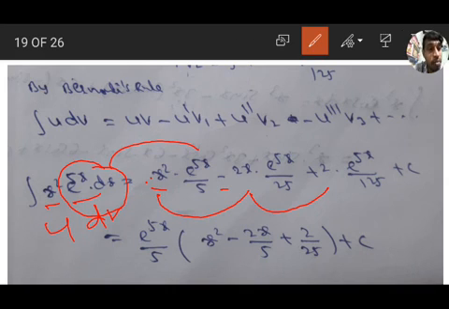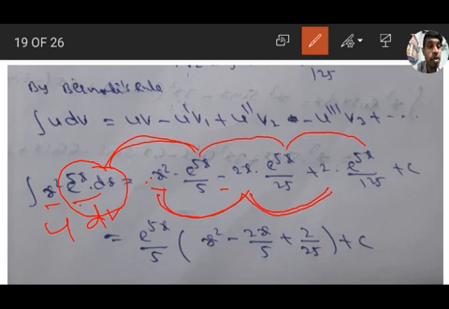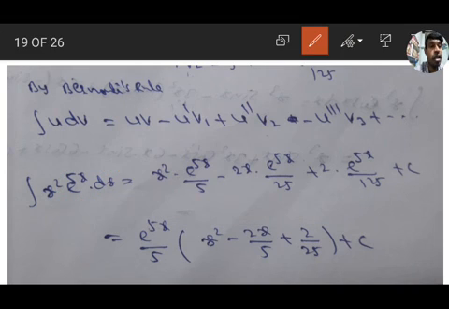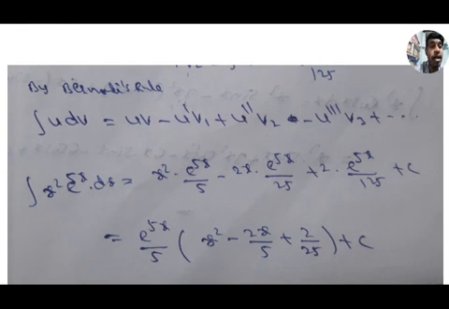The integration of that is e to the power of 5x by 25, and the integration of that is e to the power of 5x by 125. Like that you have to write with alternating positive and negative signs, and then simplify. We get the answer. It will be useful only in entrance exams.